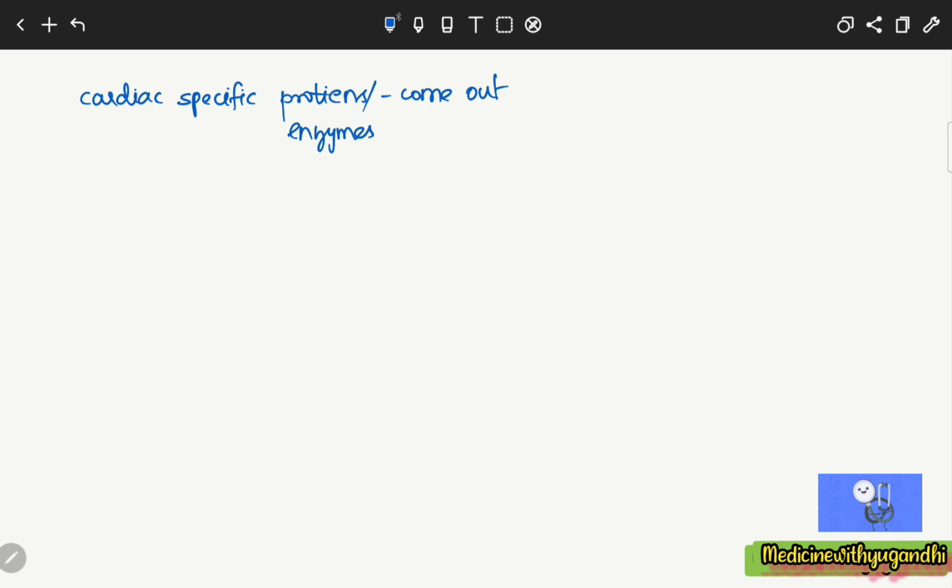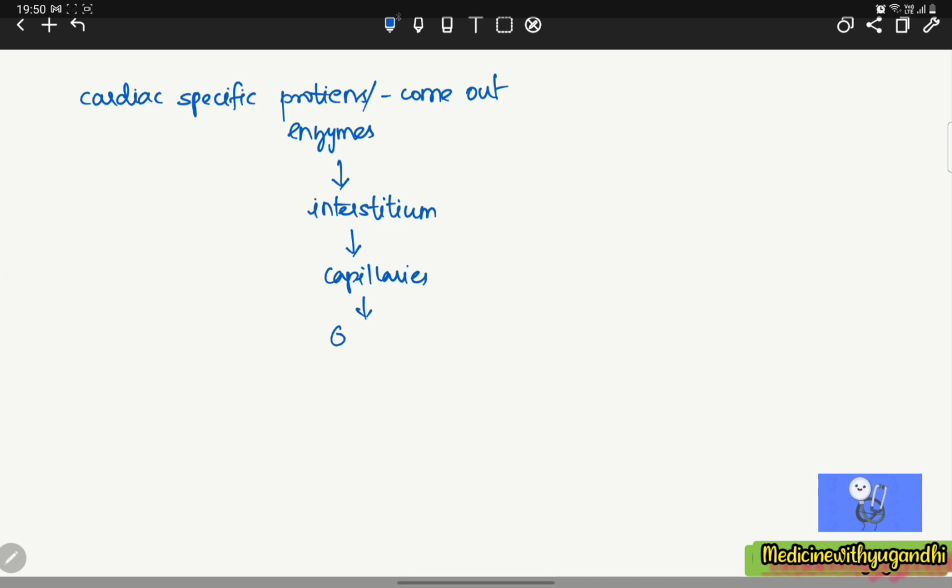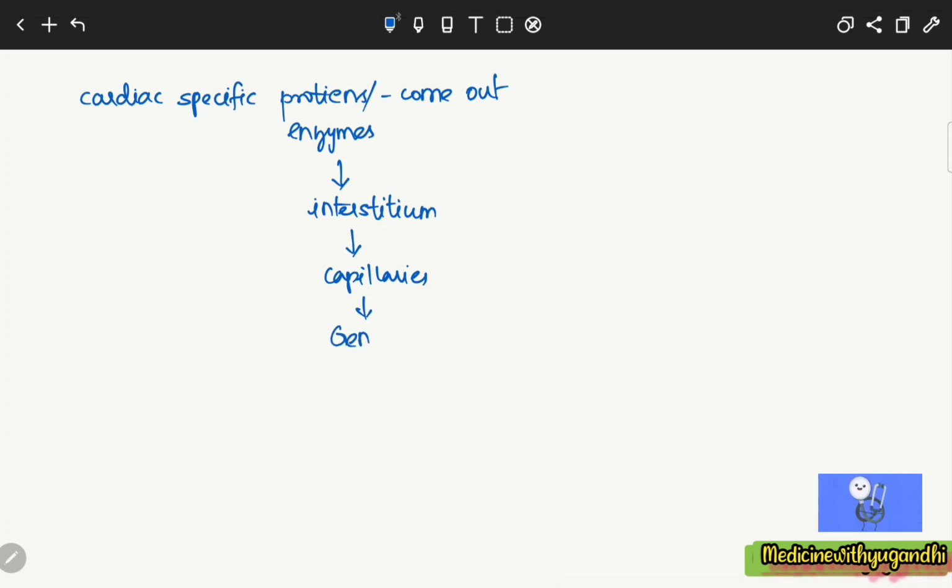Once they come out, these proteins and enzymes reach the interstitium. Once they reach the interstitium, where do they go? They reach the capillaries, and from the capillaries they enter the general circulation.